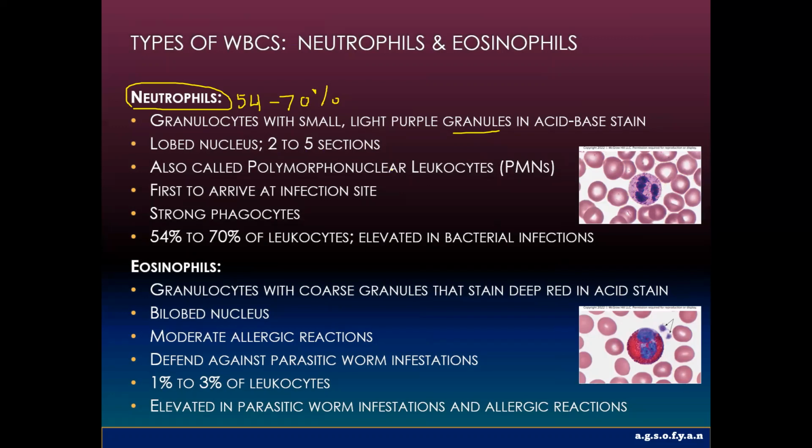The nucleus consists of several lobes, maybe 2 to 5 lobes. So only one nucleus, but this nucleus is divided into many lobes. It's a really special shape of nucleus for this neutrophil.